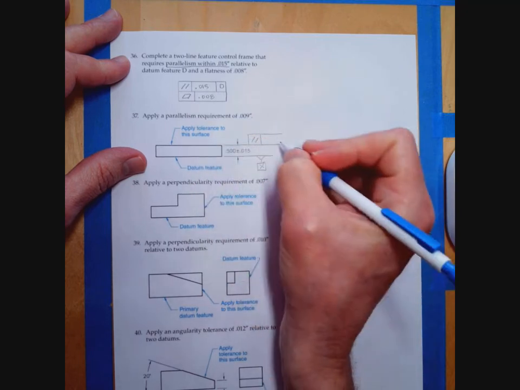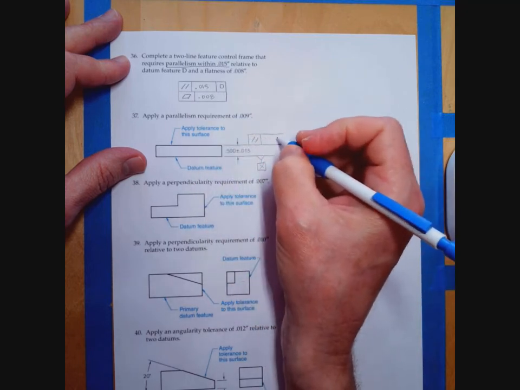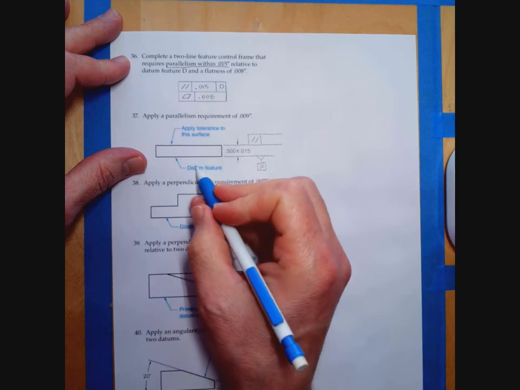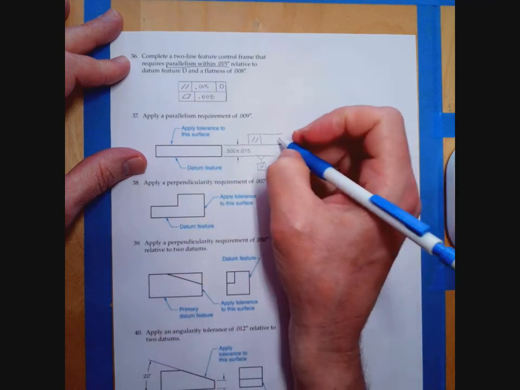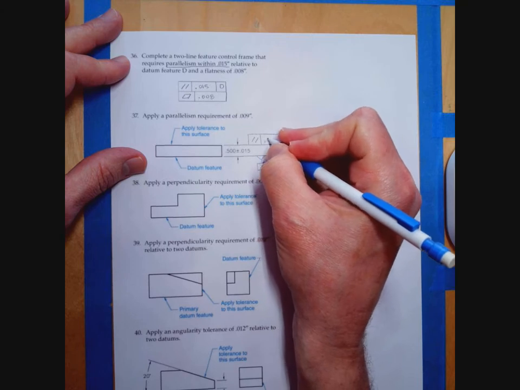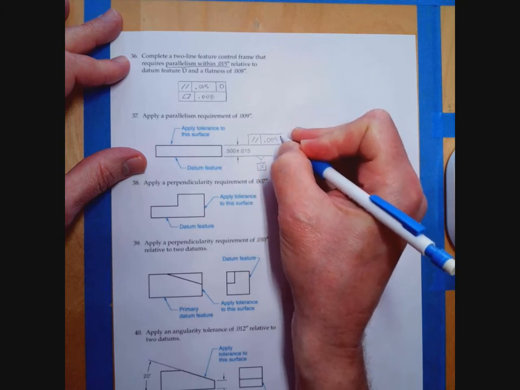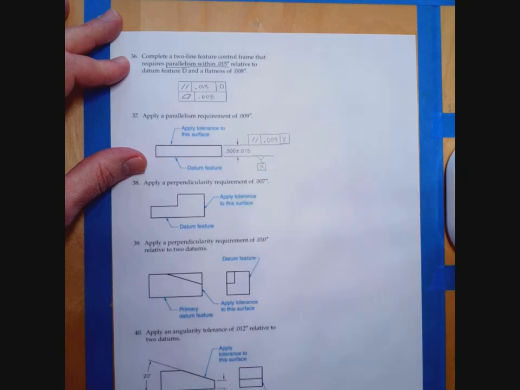This is a non-size feature, so I won't have any material condition modifiers. Likewise, this datum feature is a non-size feature, so there's no material modifiers here. So this is just going to be 0.009 relative to datum X. Okay, so no problem there.